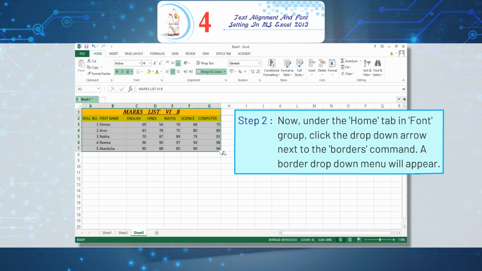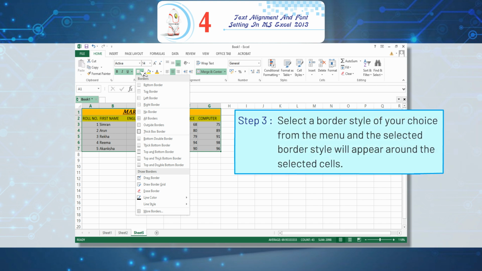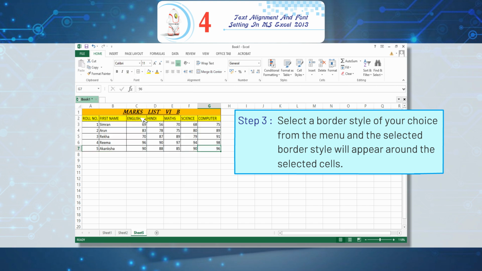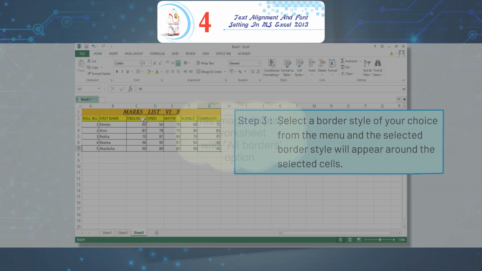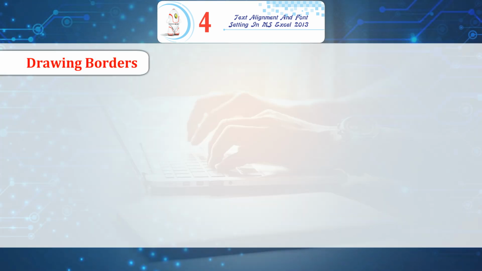Now under the Home tab in Font Group, click the drop-down arrow next to the Borders command. A border drop-down menu will appear. Step 3. Select a border style of your choice from the menu and the selected border style will appear around the selected cells. This image displays Worksheet with All Borders option.